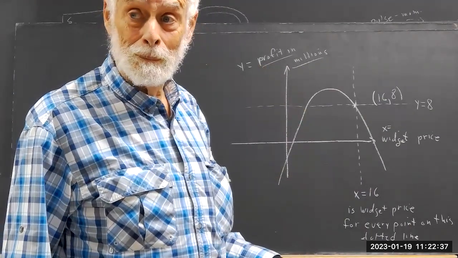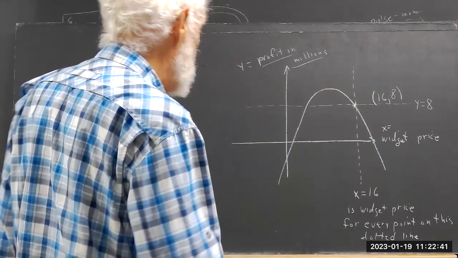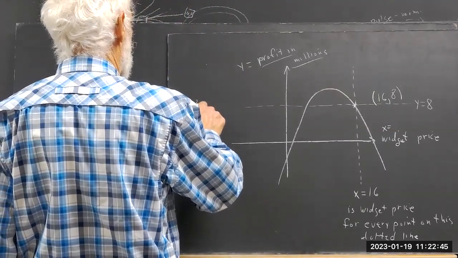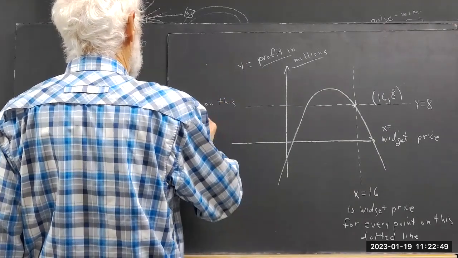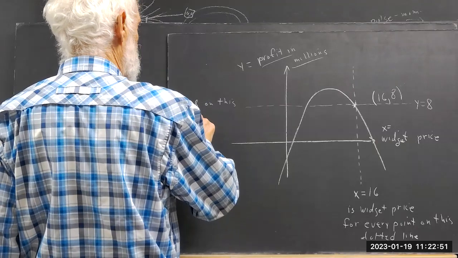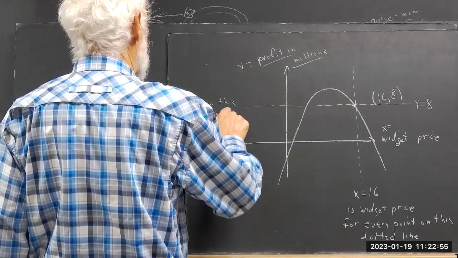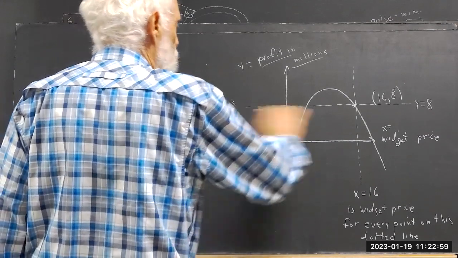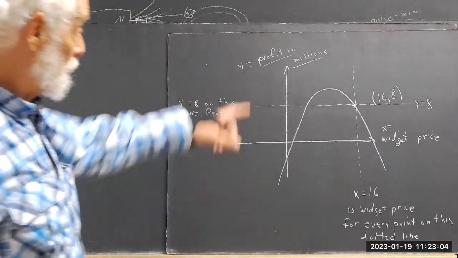So this says, y equals 8 on this line, your profit is 8, meaning $8 million.